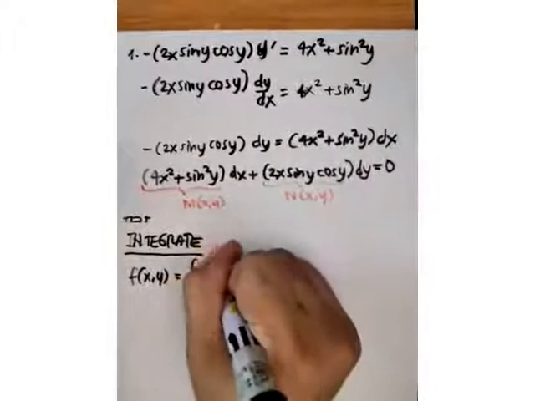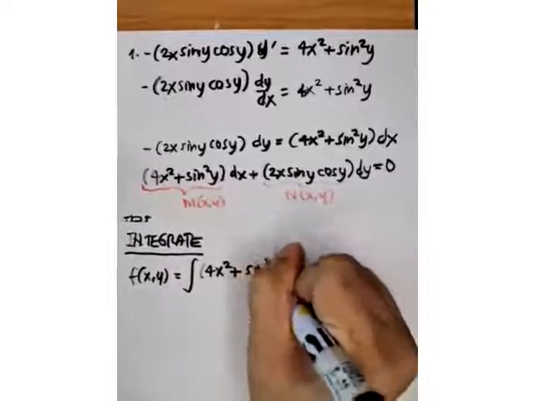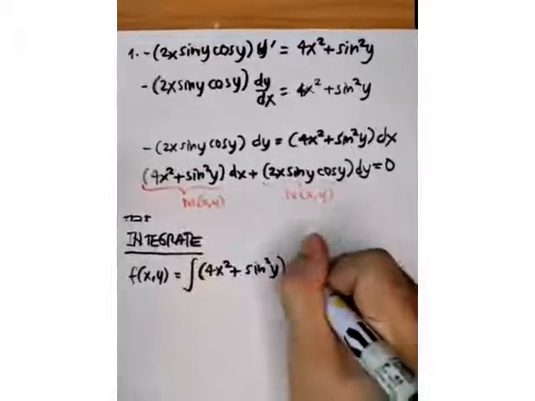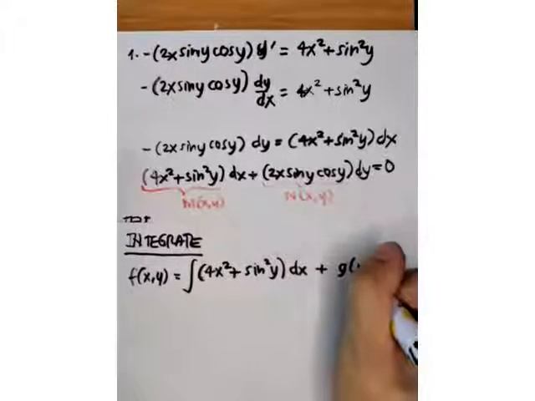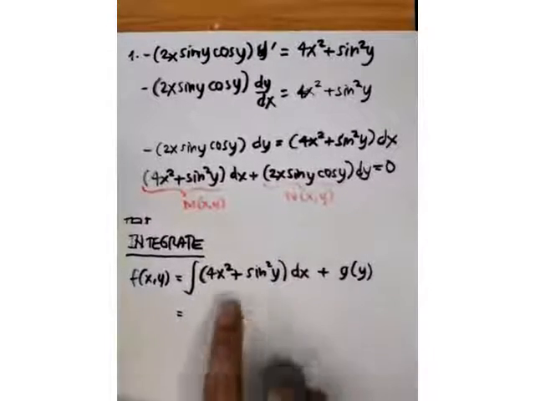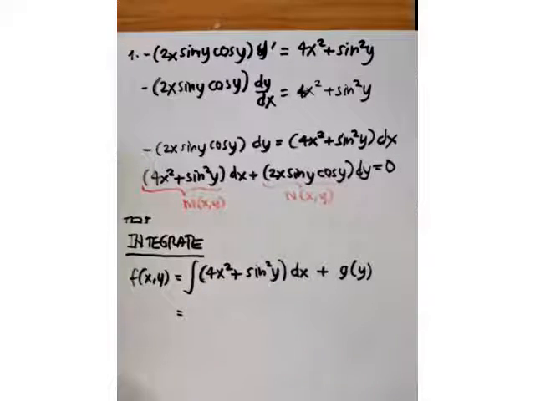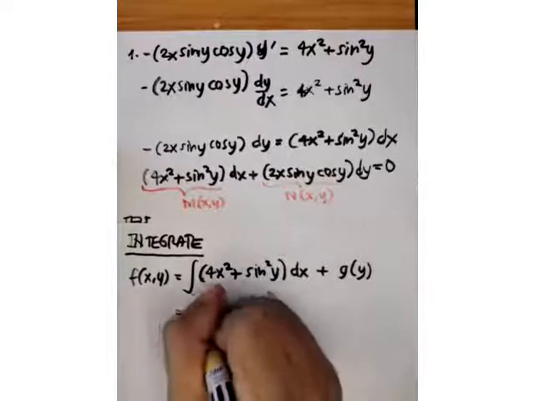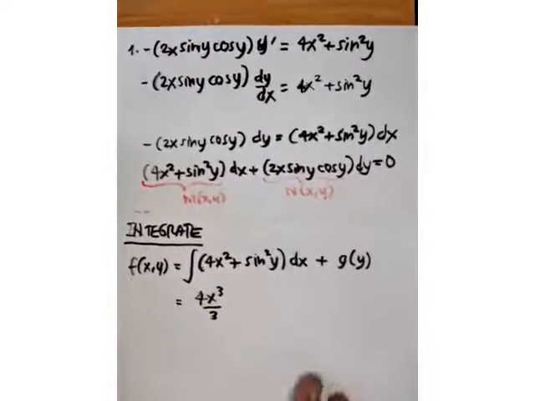So we'll have the integral of 4x squared plus sine squared y dx plus g of y. Integrate natin siya in terms of x. So therefore, this will be 4x cubed over 3. Tama ba?